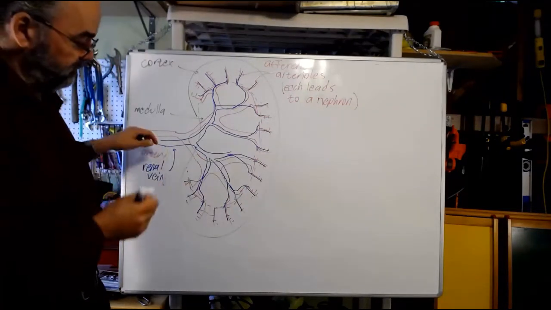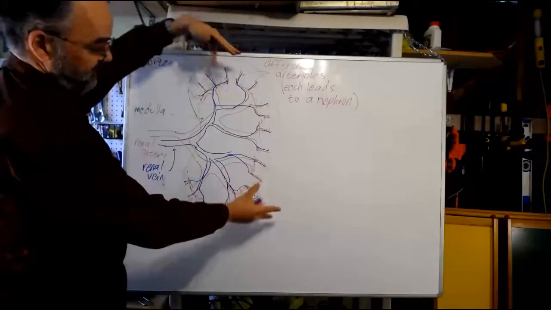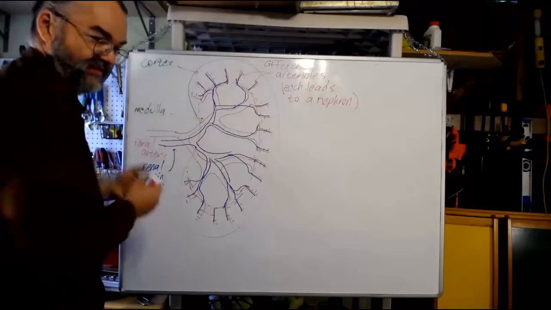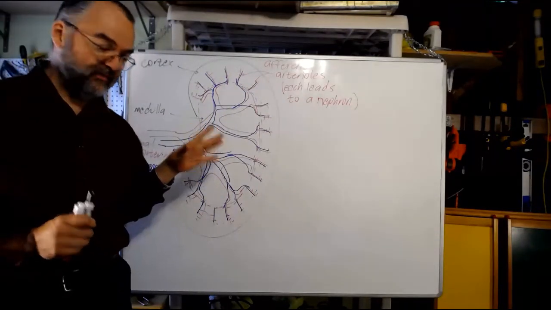So, blood comes in, splits up, goes up to the cortex, gets filtered. What's left, the blood we're keeping, comes back and leaves the kidney that way. Very complex internal blood flow here, but it follows that pattern.